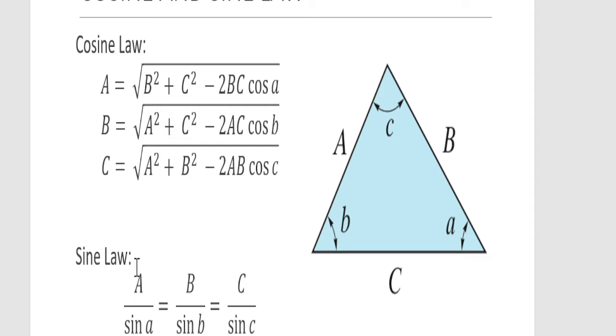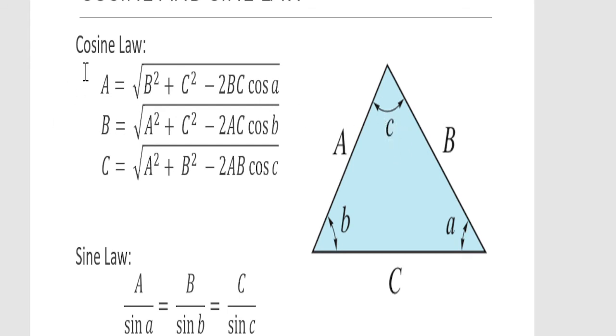Usually you can use the sine law if the value of one side is known, and a minimum of two internal angles of the triangle are available. So the sine law is basically a side divided by the sine of the angle opposite to the given side, which will be equal to the same ratio.